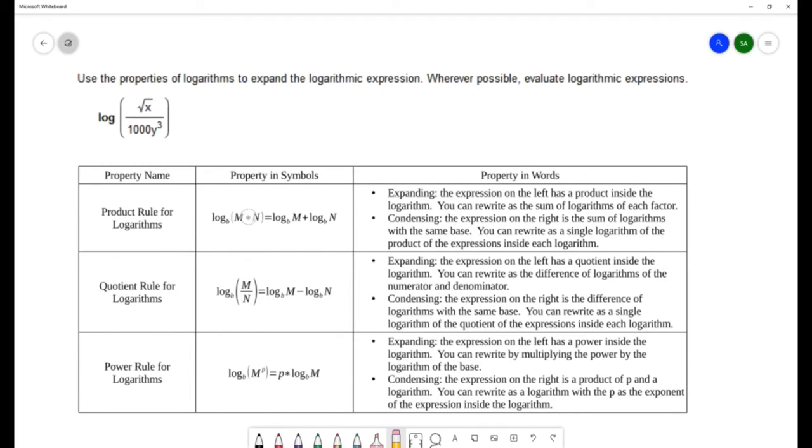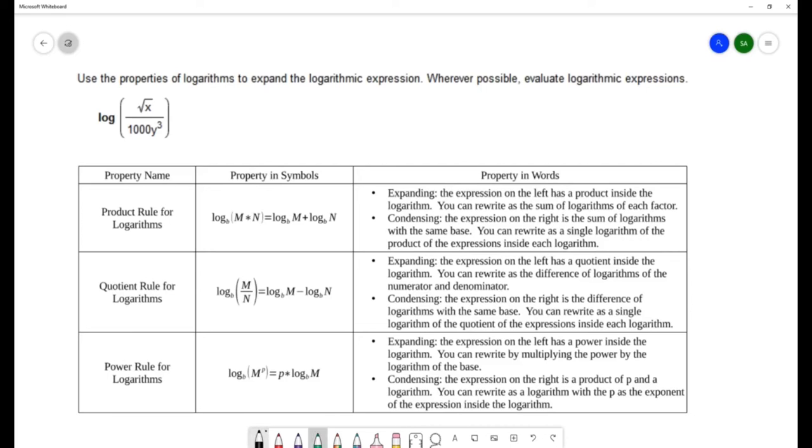The only main difference is that we have multiplication and division, and on the other side, addition and subtraction. So if we combine these two together, we can see that when we have our factors in the numerator, our log should be positive, but when we have a factor in the denominator, our log should be negative.